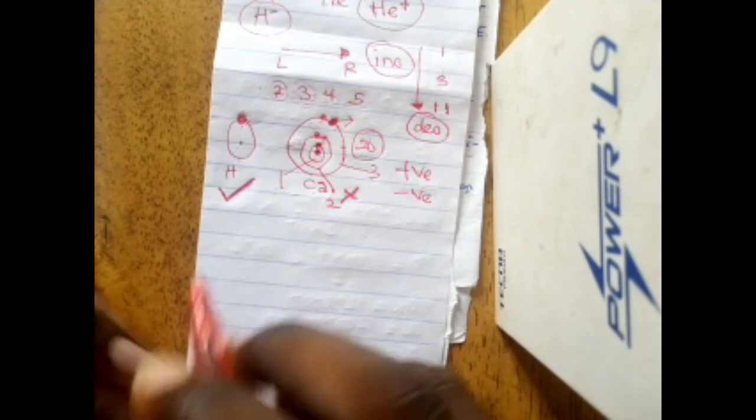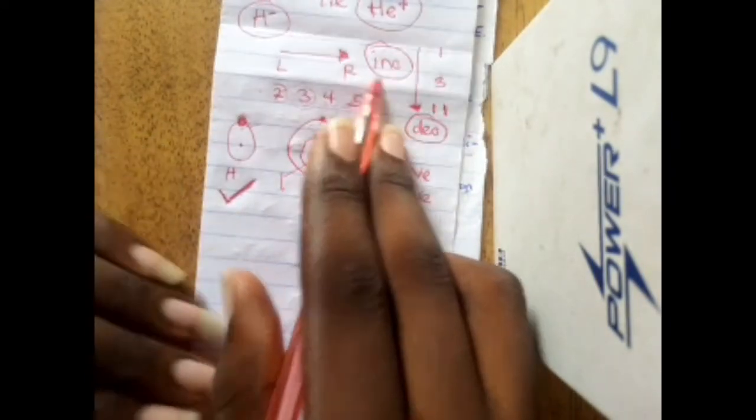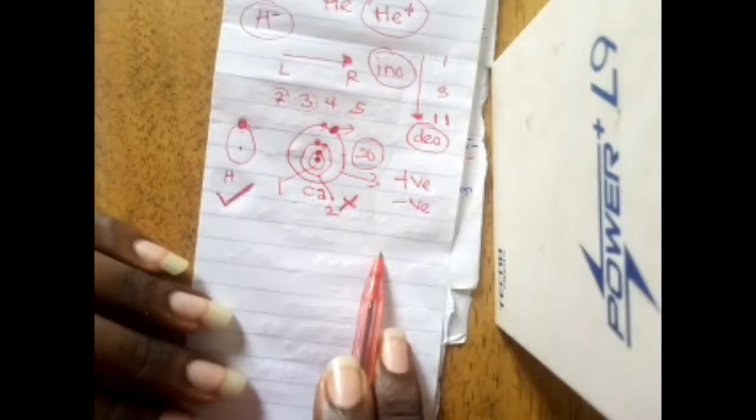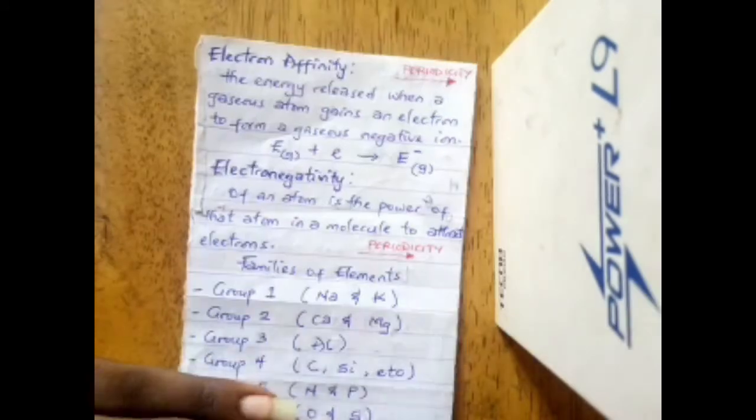That's why the ionization energy for large atoms is usually smaller. So when you move from left to right, the ionization energy increases, whereas when you move downwards in a group, because of the increasing number of shells, the ionization energy decreases.